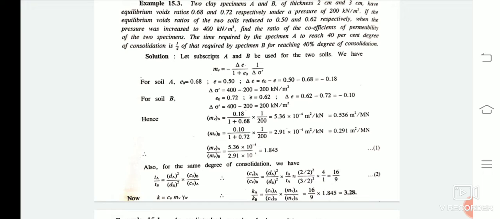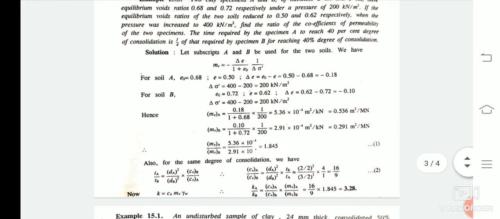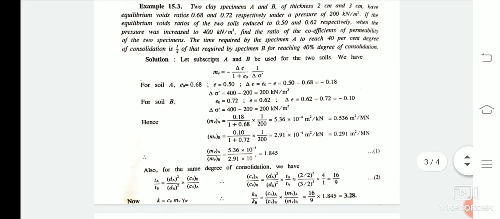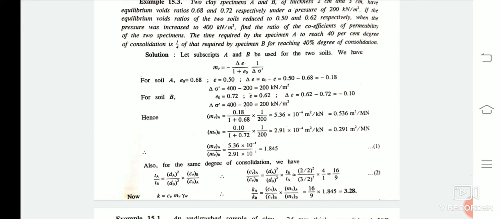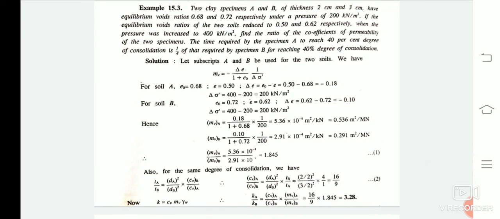Substituting all these values and finding the coefficient of volume change for samples A and B, we get that the coefficient of volume compressibility for sample A is 0.536 meter square per meganewton and for sample B it is 0.291. When we find their ratio, it gives the value 1.845.